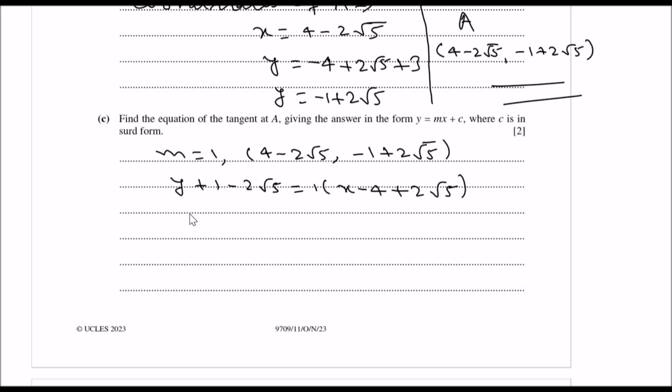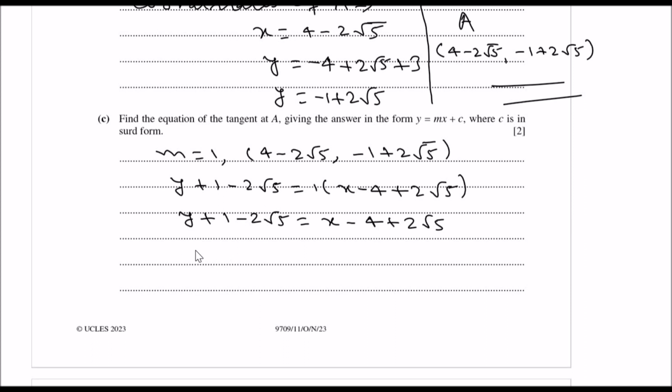So y plus 1 minus 2 root 5 is equal to x minus 4 plus 2 root 5.